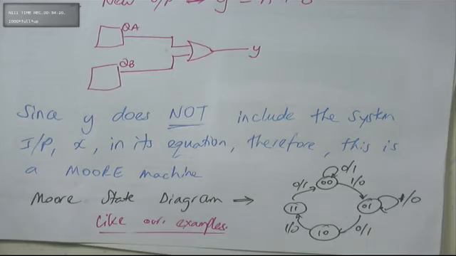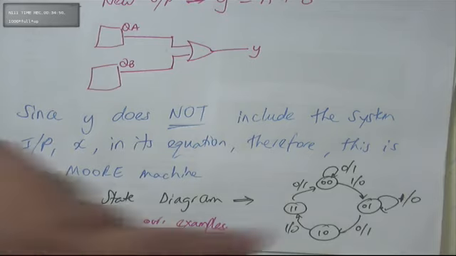Or is this a rational number or an irrational number? Different classification. Same thing goes here. I'm just teaching you the definition of one of the classifications. So the first classification is the Moore one. Moore means that the system output, which is Y in this case, does not have any direct influence from the system input. It's only dependent on the current states of your flip-flops. All right, and the state diagram looks like this.